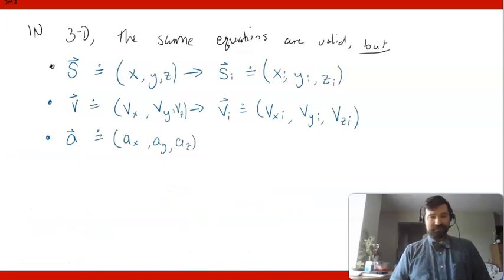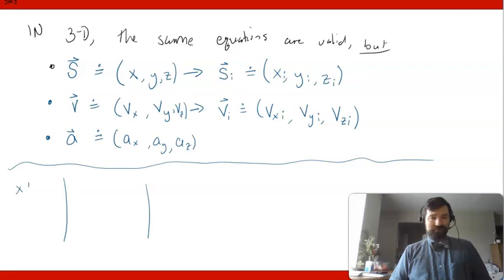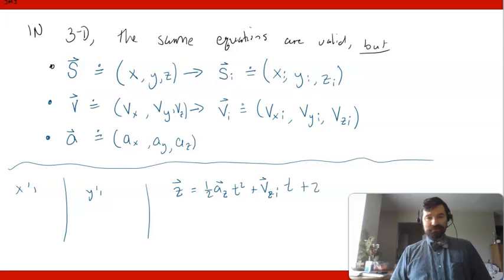And for that matter, if I go to 3 dimensions, I'd have the x's, the y's, and I could write z equals 1/2 az t squared plus vz initial times time plus z initial, and vz is equal to az t plus vz initial, and 2 times az delta z is vz final squared minus vz initial squared.